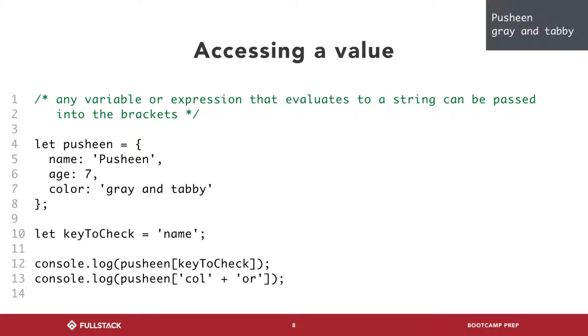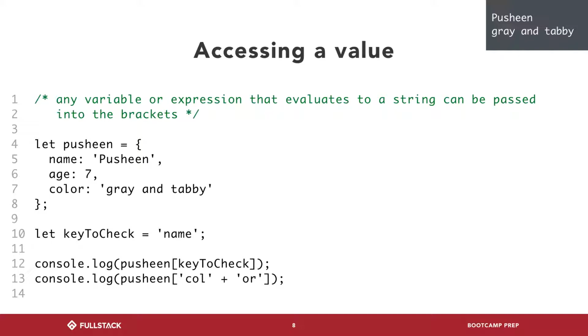And so here we see a few other ways for us to do this as well. Now we're actually using a variable, key to check, and this is totally valid JavaScript. And here on line 13, even something like this is totally valid JavaScript. We're saying, hey, pass in this string plus this string. So JavaScript is going to do its order of operations. Okay, what's in the square brackets?